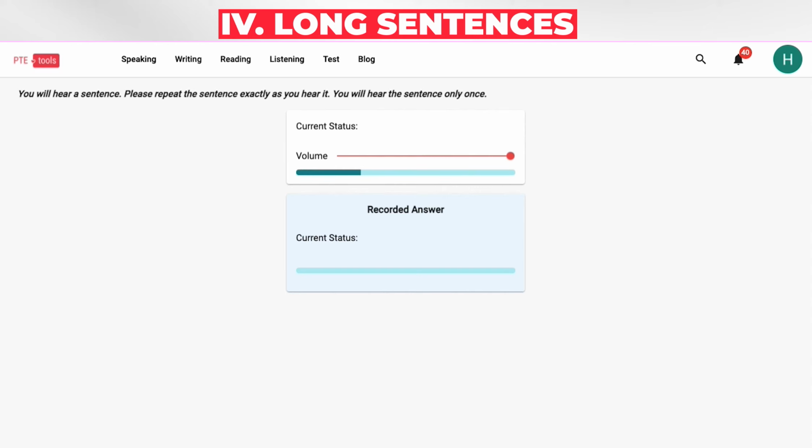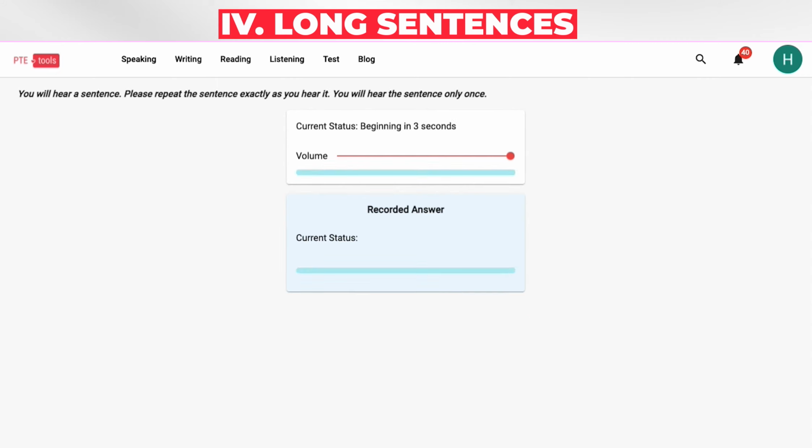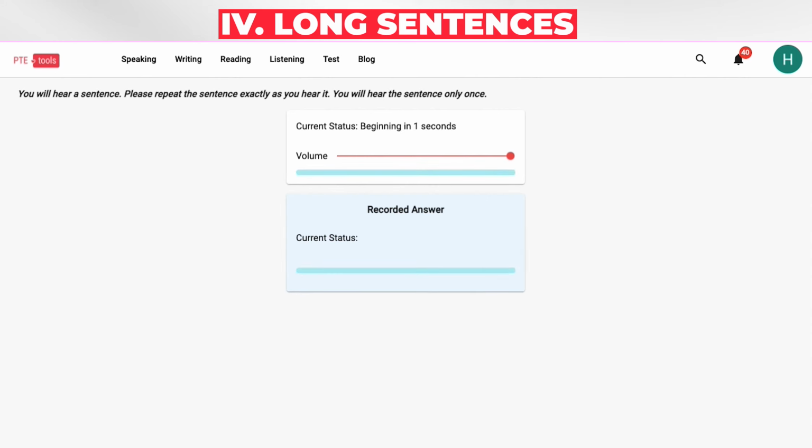Several copies must be supplied to the university to fulfill the degree's requirement. Students are expected to observe the honor code in academic pursuit and the university representatives. Our university has strong partnerships with industry as well as collaborative relationships with government bodies.